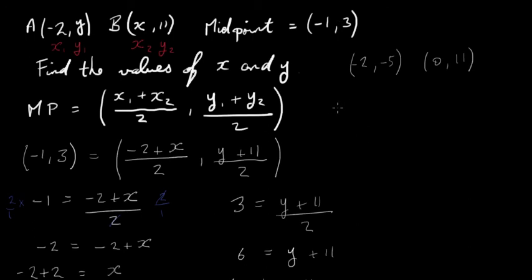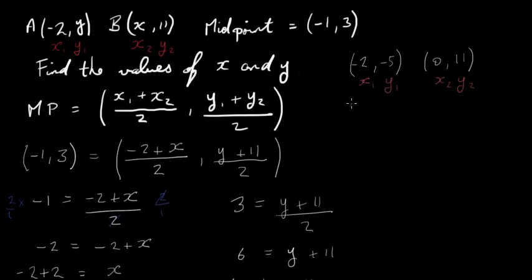So our midpoint from this formula here is equal to x1 plus x2 over 2, y1 plus y2 over 2. So again, what I'm going to do here is I'll just identify these again. This is my x1, this is y1, this is x2, this is y2. So I'm going to put these values into this formula and see what we end up with.